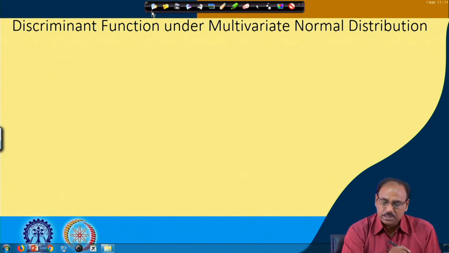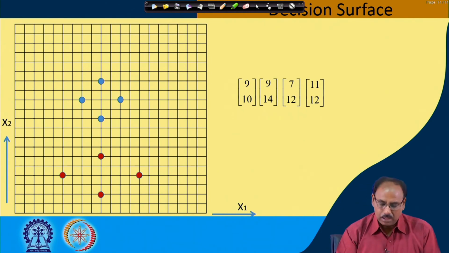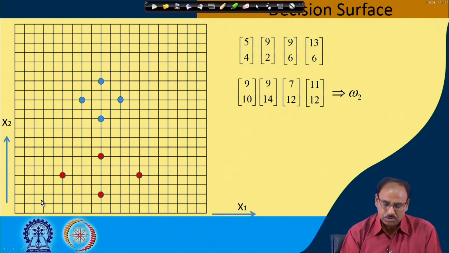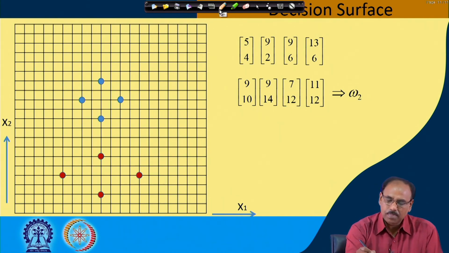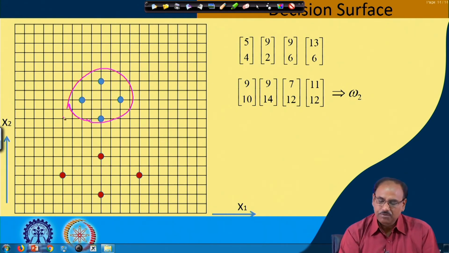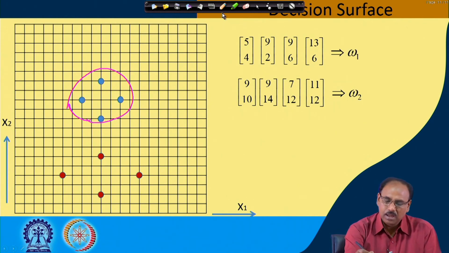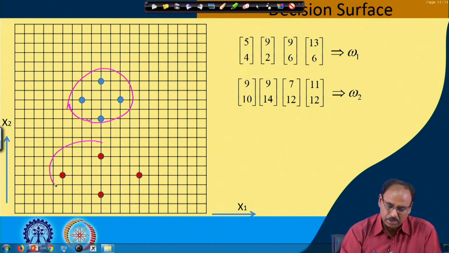So, now let us see what will be the decision boundary in this kind of scenario. For this, again I take a set of feature vectors, say (9, 10), (9, 14), (7, 12) and (11, 12), which are taken from class omega 2, and a set of feature vectors (5, 4), (9, 2), (9, 6) and (13, 6), which are taken from class omega 1.